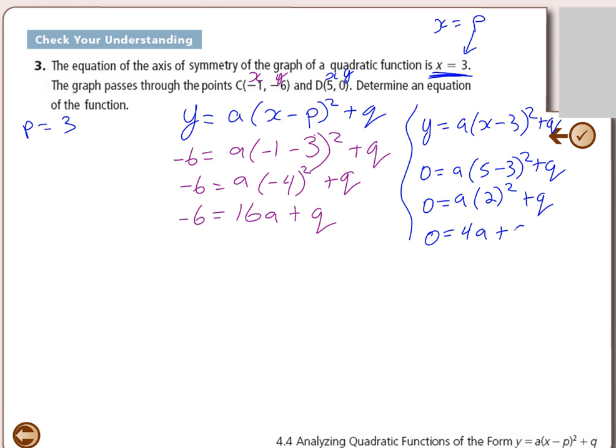Oh, look at this now. We've got a system of equations where we've got A and Q, and A and Q. We're going to have to either use substitution or elimination.